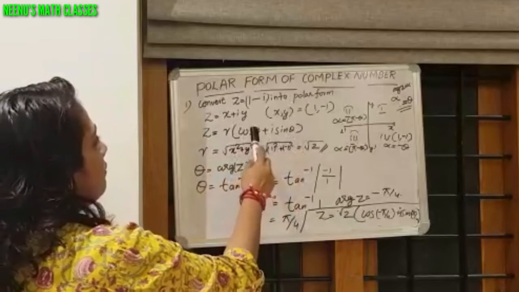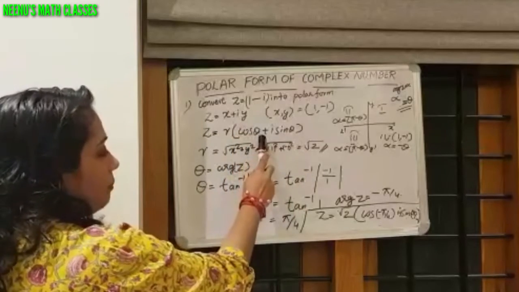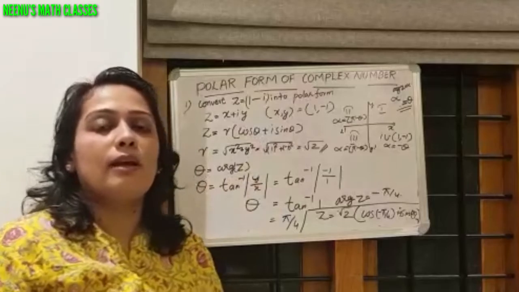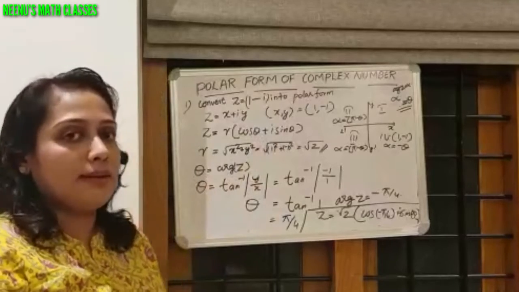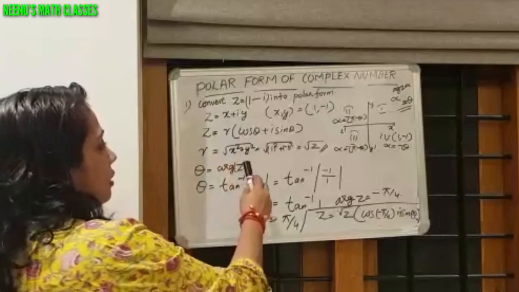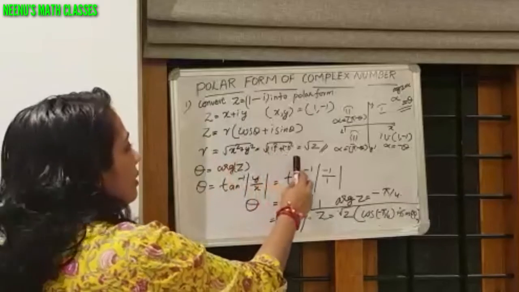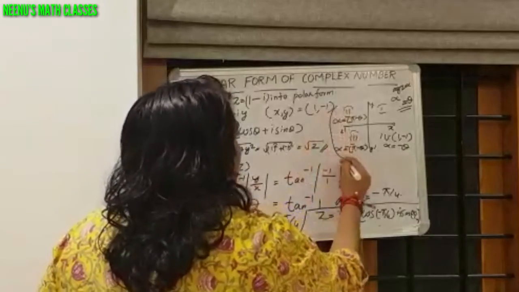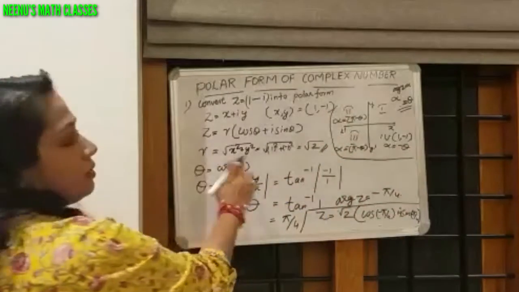We want to convert this into this form, so first we have to find r, the modulus of the complex number. So r equal to square root of x square plus y square, which is equal to square root of 1 plus minus 1 squared, root 2. We got root 2 as the modulus of z.